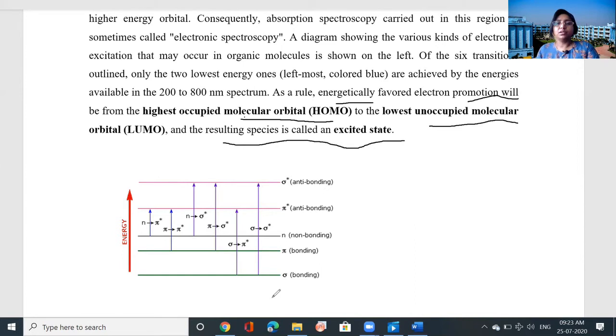The electron will favor promotion from the highest occupied molecular orbital, that is HOMO, to the lowest unoccupied molecular orbital. Then, in the excited state, it will be promoted.